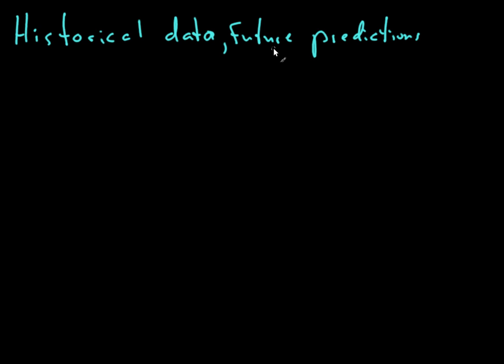And to do that, we need some details. Okay, so that's a very generic statement. We use historical data to make future predictions. Well, we really do that in life anyway. We take the things we've seen previously and we try to make predictions.